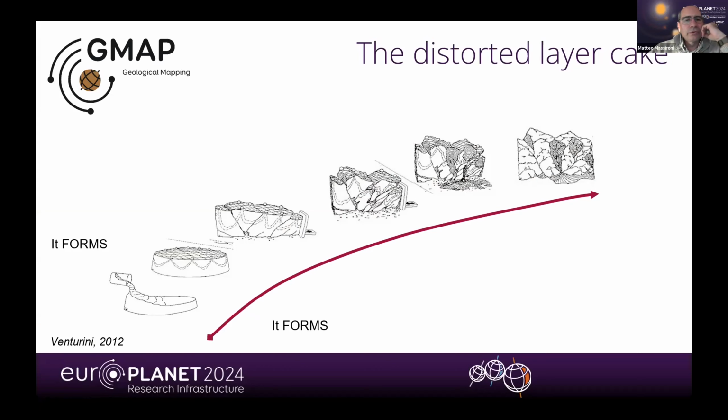Eventually, we can cut it in pieces and overlap the pieces on each other, so we deform it. And finally, we can leave the cake there and wait some period of time until the cake is disaggregated and eroded and forms deposits underneath it.